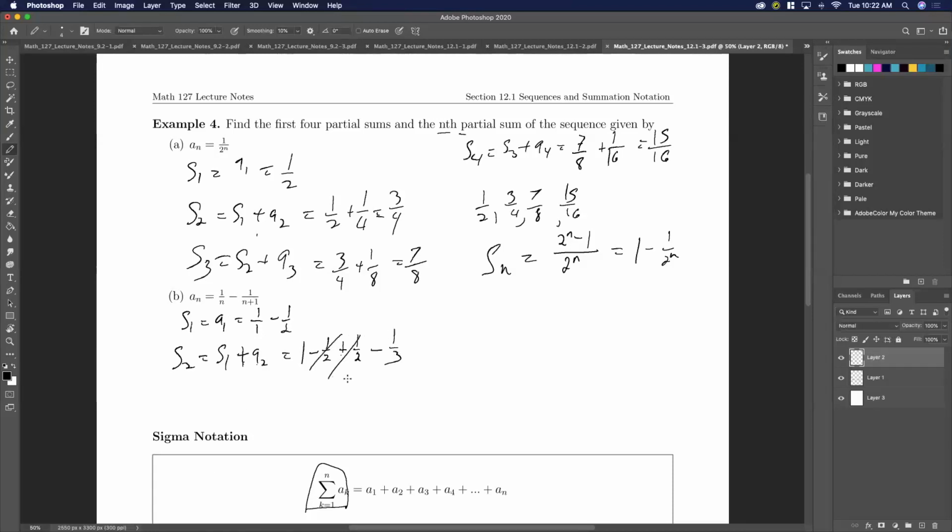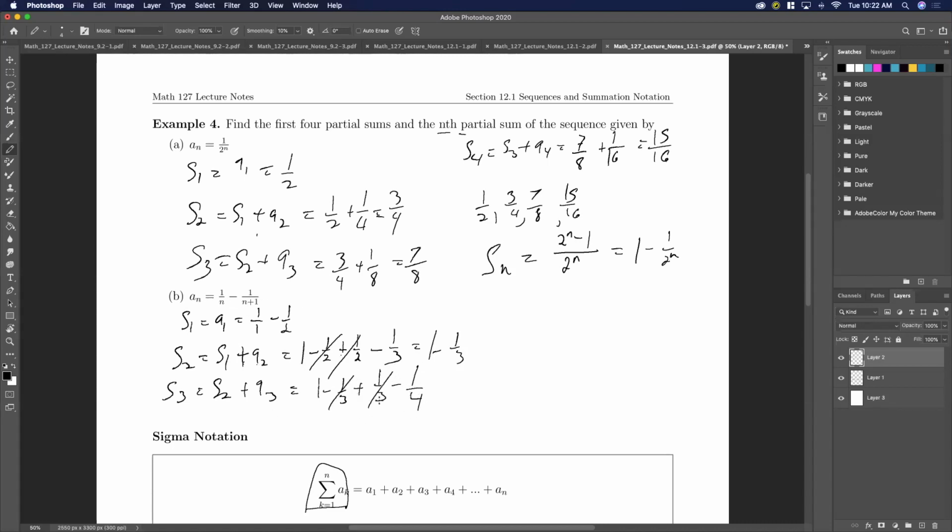But notice these cancel, so I'm just left with 1 minus 1 over 3. Let's do S3. Here I'll have S2 plus A3. S2 is 1 minus 1 over 3 plus A3, so 1 over 3, so it'll be plus 1 over 3 minus 1 over 4.